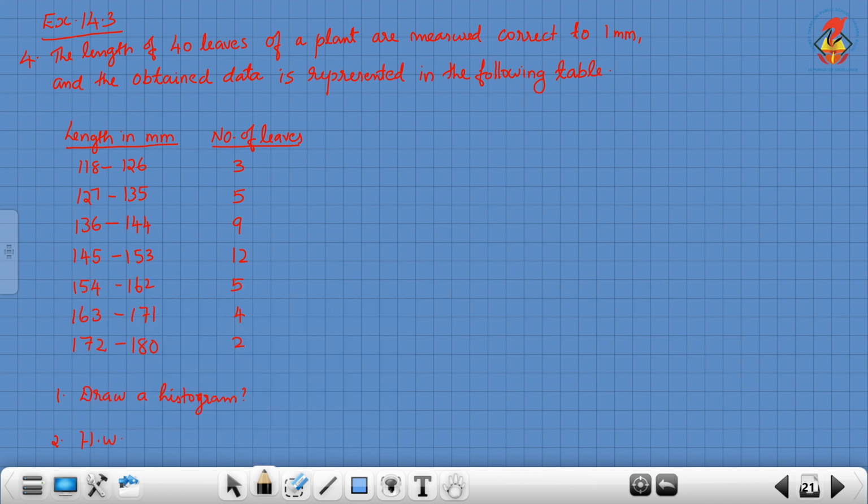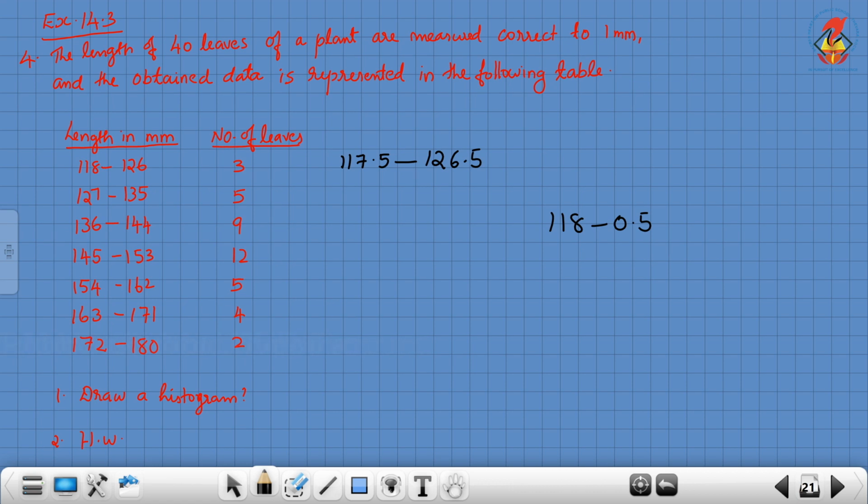Here 118 minus 0.5 is 117.5. Write it there. Next 126 plus 0.5 is 126.5.